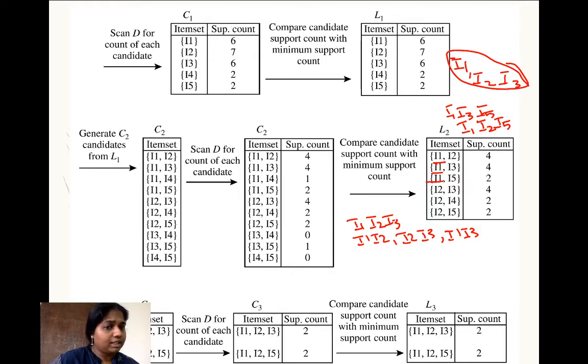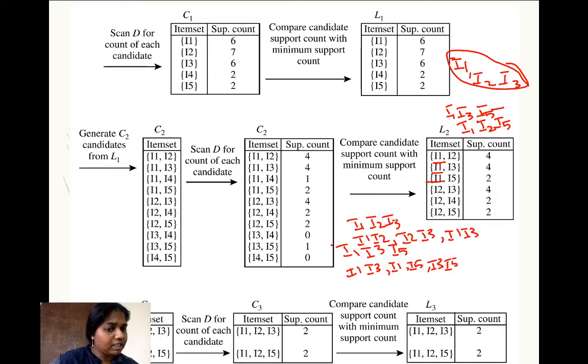Now consider this combination I1, I3, I5. What are its subsets? I1, I3, I1, I5, and you have I3, I5.